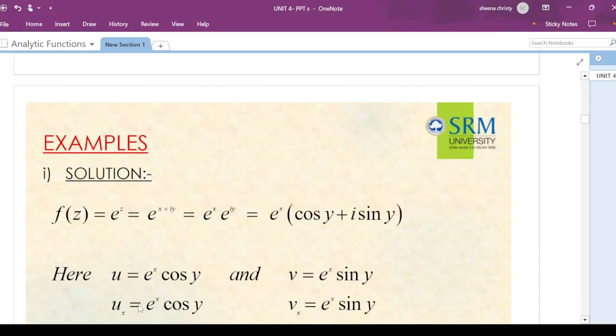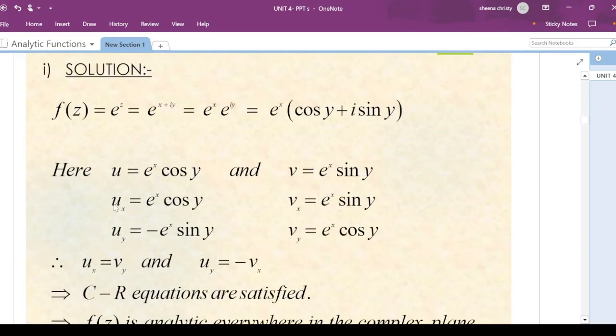Differentiating u with respect to x partially, we have eˣ cos y, and differentiating v with respect to x, you will have eˣ sin y. Differentiating u with respect to y, the differentiation of cos y is −sin y, so −eˣ sin y. Differentiation of v with respect to y is cos y into eˣ.